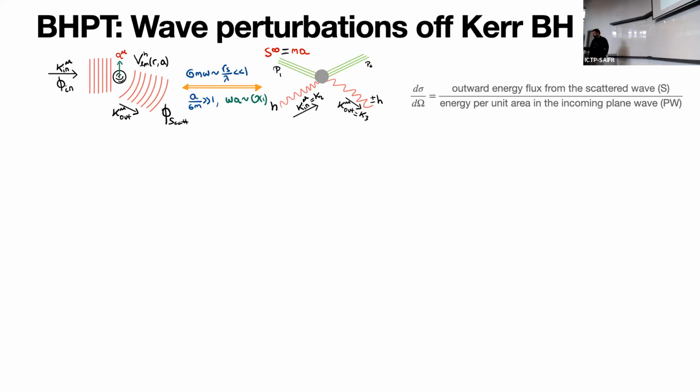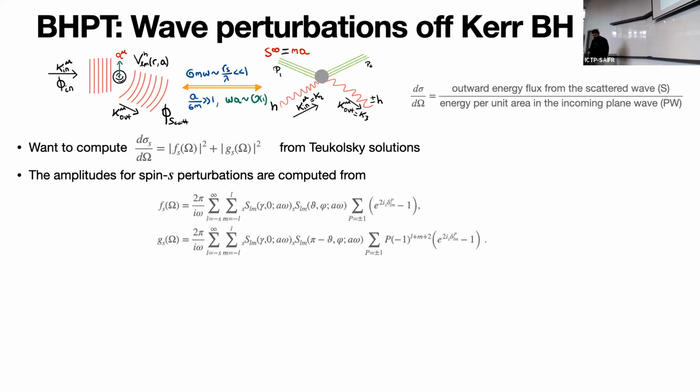And so you're going to split this contribution in general for generic helicity or spin of the perturbation, S and H here. So you can have in general two contributions: one for the helicity conserving amplitude and one for the helicity reversing amplitude. This one in general is zero, and it's not zero only for spin two perturbations.